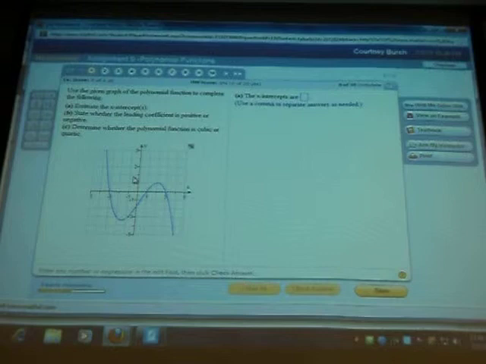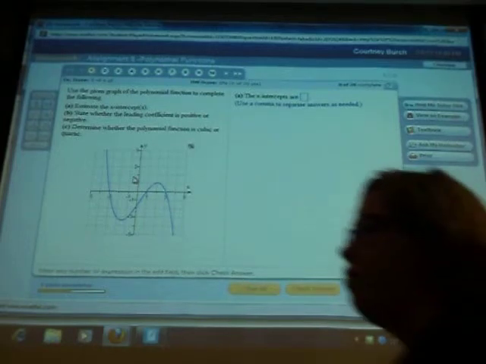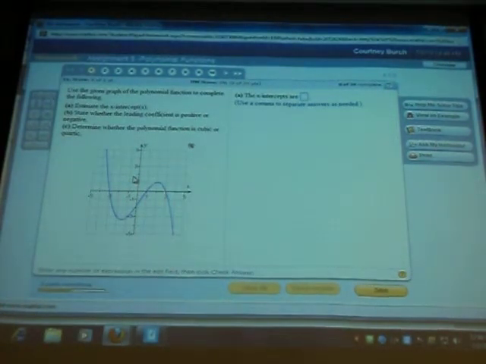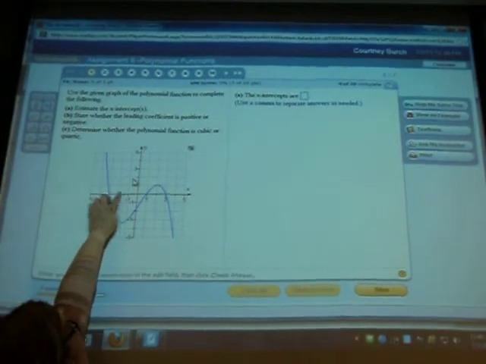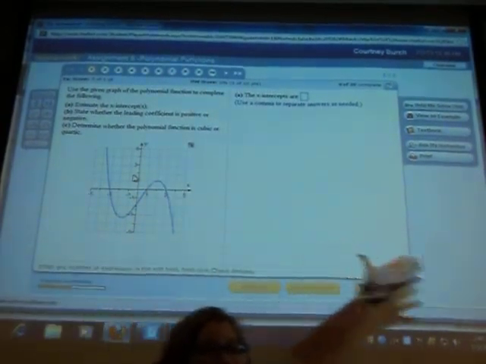Calculate the x-intercepts. Now we'll go into a lot more detail about how to actually find the x-intercepts next time. Today you just want to read them off the graph. So my x-intercepts here are -3, 1, and +3.